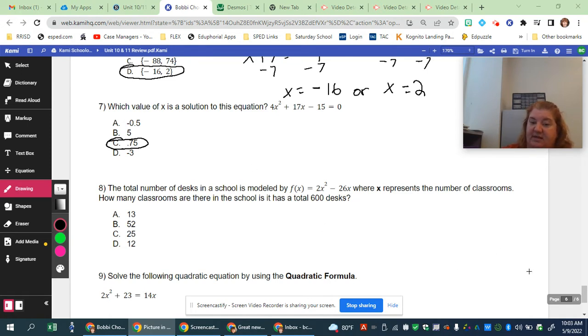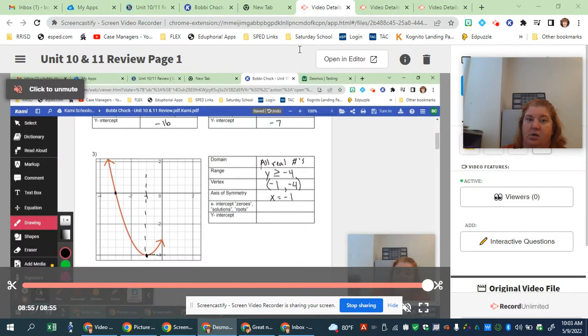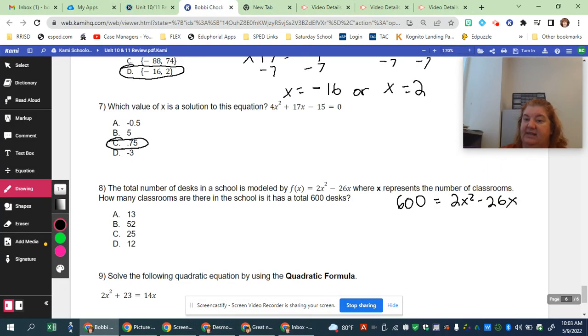Another way you could do it is you could make the y equal 600. This is probably honestly a faster way, and then plug each of these in, right? So let's do it both ways. Let's do where we're putting it in here.